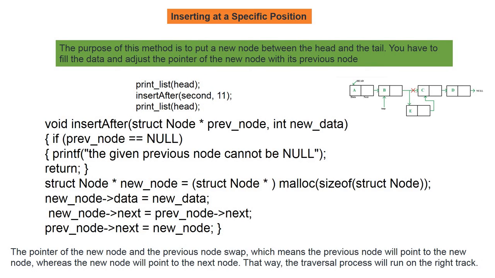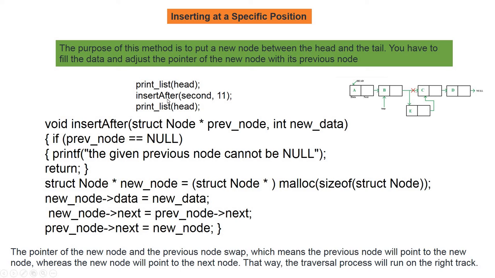In the same way, you can insert a new node at a specific location, anywhere, as you can see in this picture. You use insert after, where the head node and the new data are passed. You can have a previous node and a present node, and it inserts at a particular location.